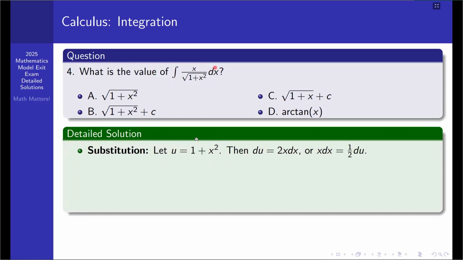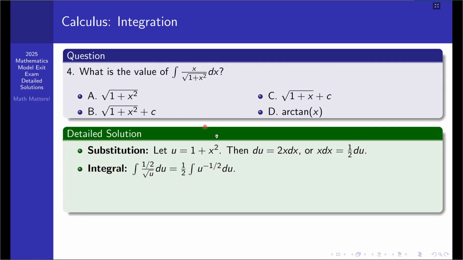substitution, integration by substitution, let's assume that the radicand from the denominator, that's u equals 1 plus x squared. Then du is equal to, taking the derivative of both sides of this function, 2x dx, so x dx would be replaced by 1 over 2 du.